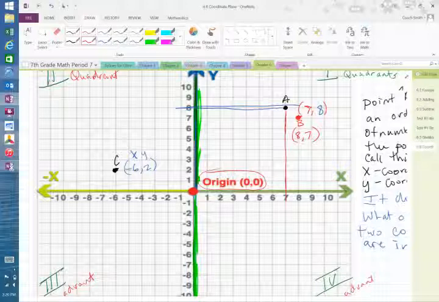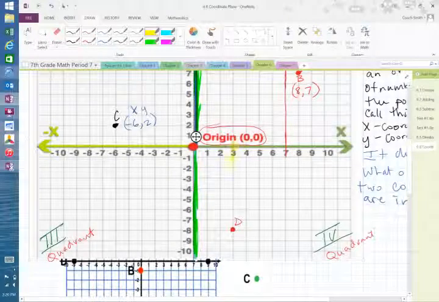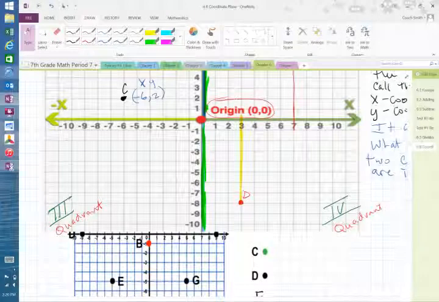If we had a point down here, we'll call that point D. We would look at where it falls on the x-axis. It crosses at 3, and where it falls on the y-axis is -8.